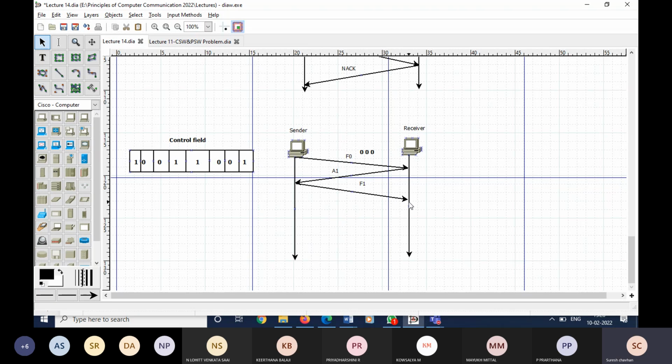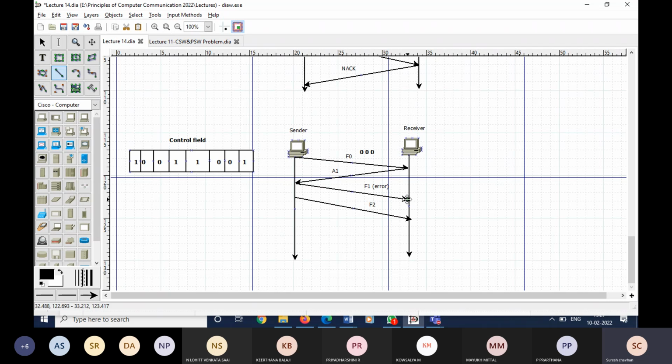I'm presuming that F1 is an error packet, and F2 is sent.